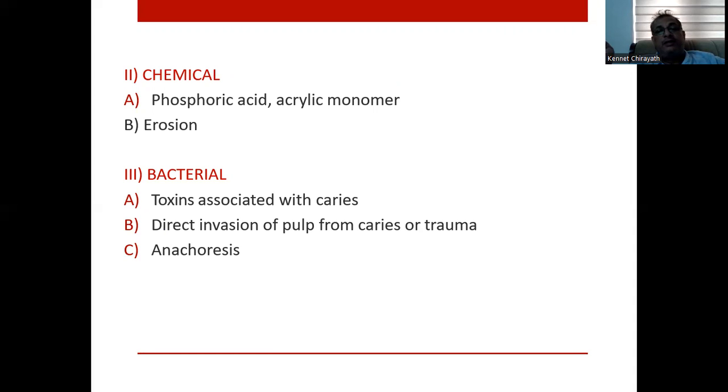Then bacterial causes: toxins associated with caries, toxic metabolic byproducts from the caries, direct invasion of the pulp from caries or trauma, and anachoresis.